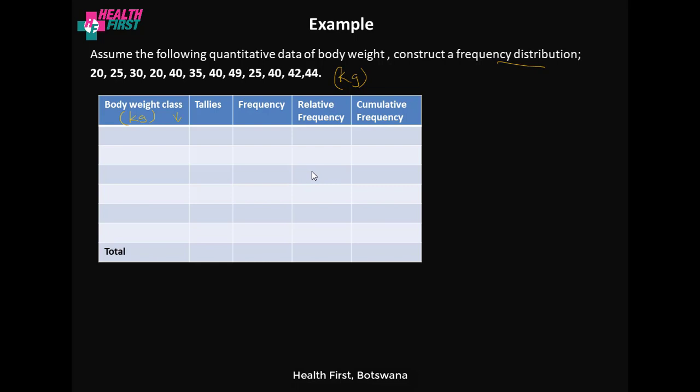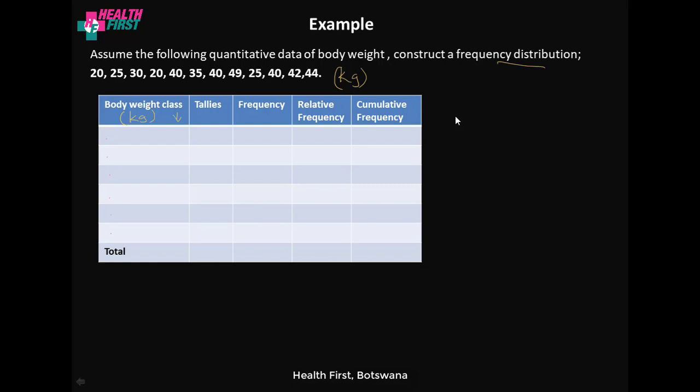Okay, so let us start first of all by determining the classes. How many classes are we going to have? I've already predetermined the classes here. We are going to have 1, 2, 3, 4, 5, 6 classes, right? So 6 classes that we are going to have.